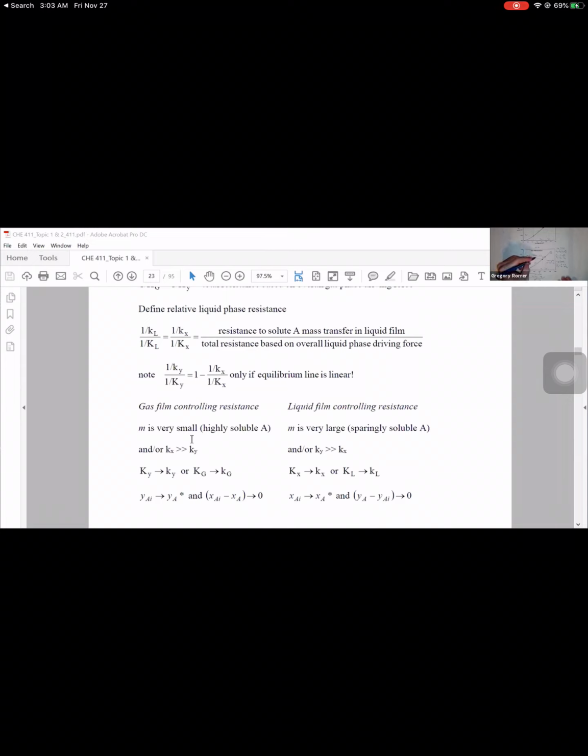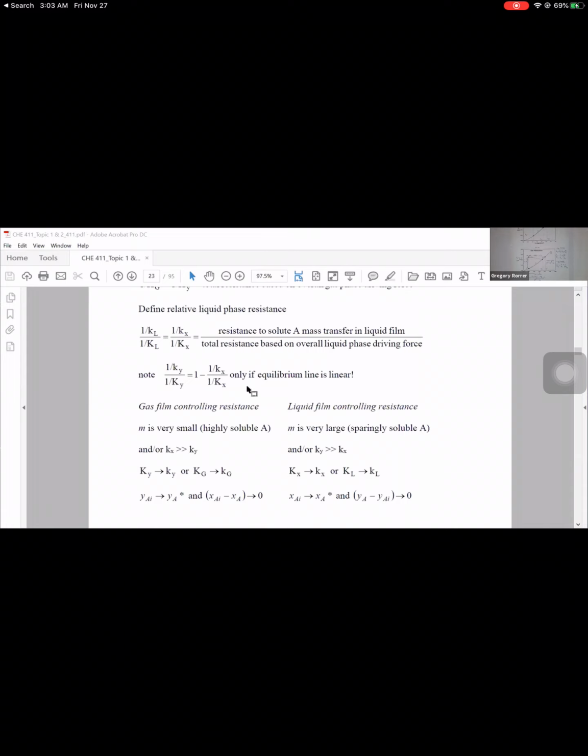If you have a slope close to zero, which would indicate a small kx relative to ky, you make it liquid film controlling. So in both of these cases, depending on the magnitude of the mass transfer coefficients in the film and the Henry's law constant, you can cause one resistance to be controlling.